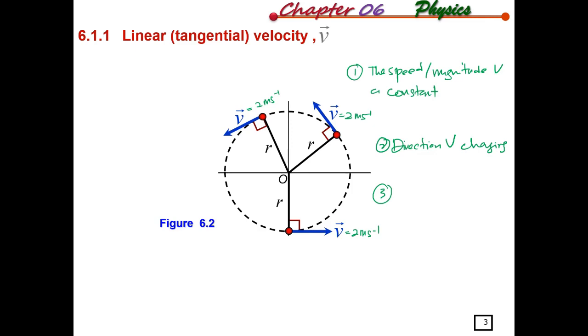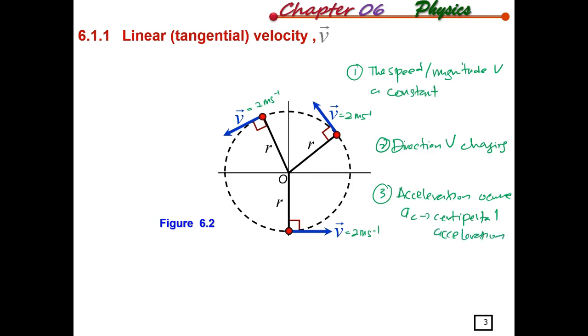In this situation, the magnitude is constant, but the direction is changing. As a result, acceleration will occur. This acceleration is known as a_c, or centripetal acceleration.